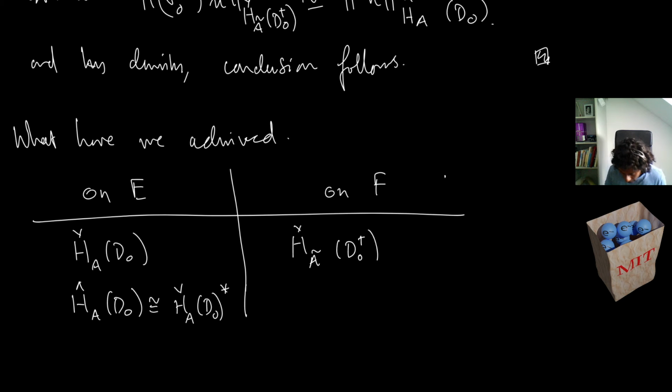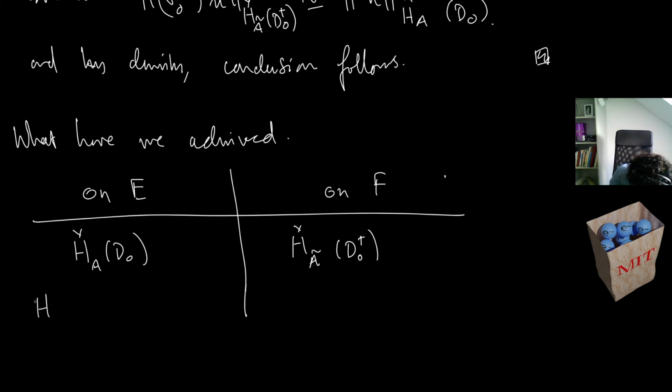So what have we done here? Maybe I'll write this to the left here. I'll write that this A D naught is isomorphic to the hat space.